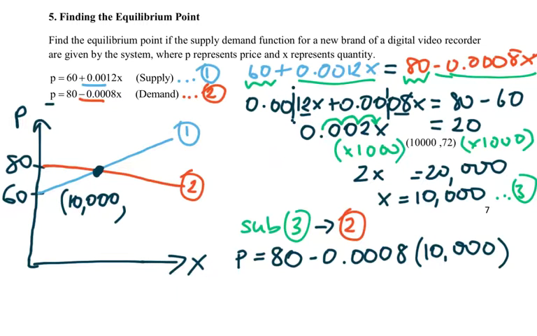Remember, multiplying by 10,000, we're moving the decimal place 4 spaces, so 1, 2, 3, 4. And so this number here is going to be 8. P is equal to 80 minus 8. You should be able to see that that's 72. So there's the coordinate for our equilibrium point.